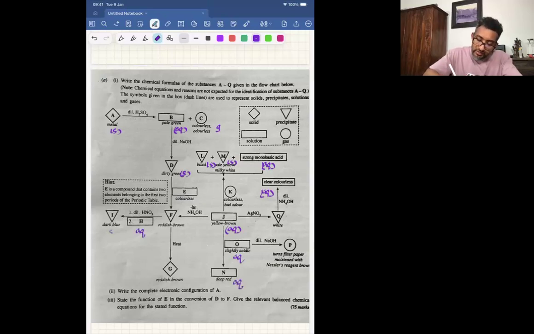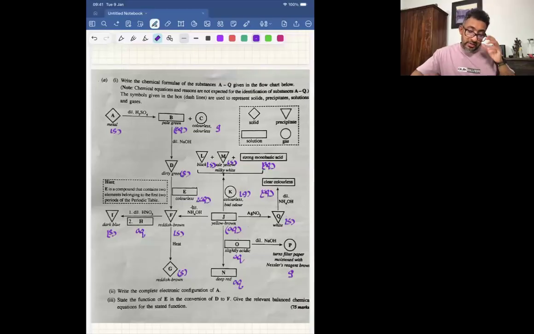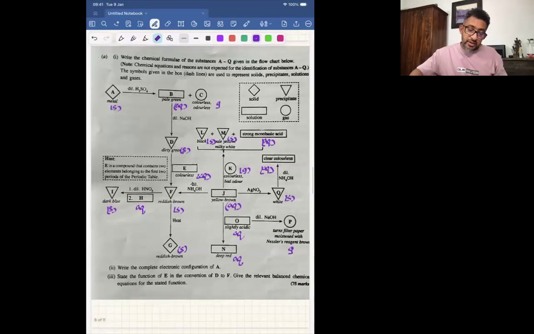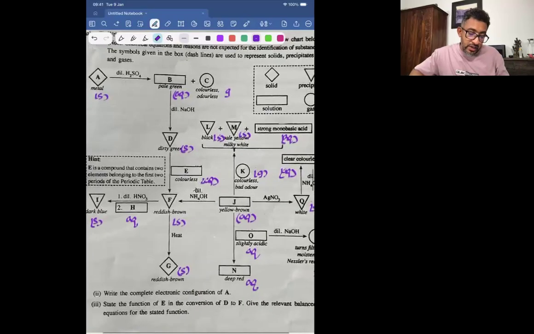Triangle means solid, solid, solid. And then this is a gas. This one is a solid. Keeping that in mind, this is also a gas. Right. Okay. Colorless aqueous. Right. So you can see, check whether you can work it out.